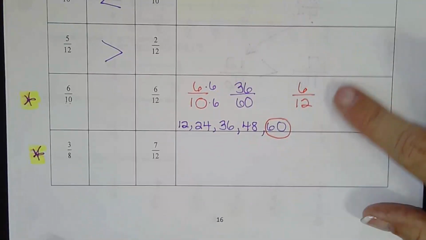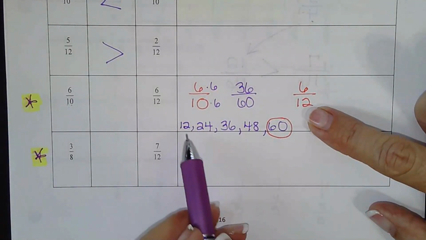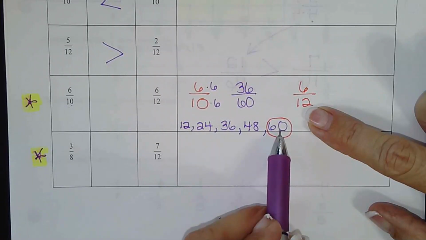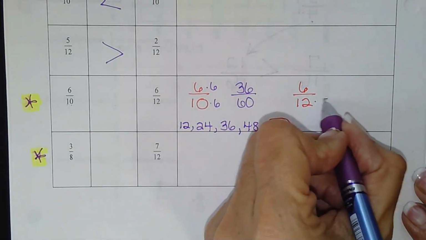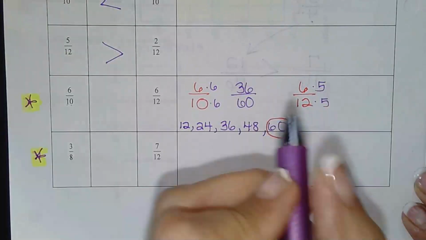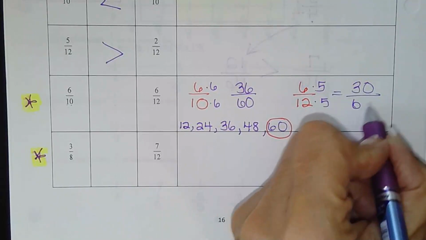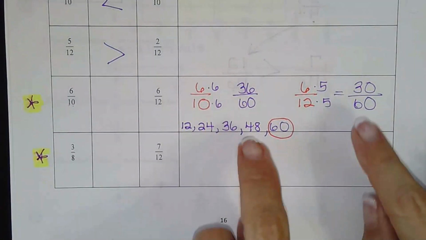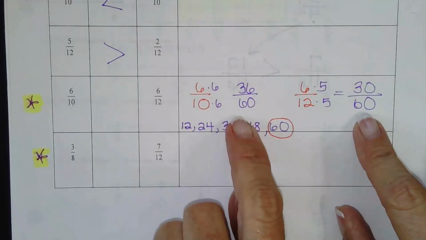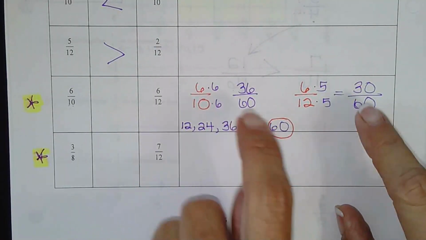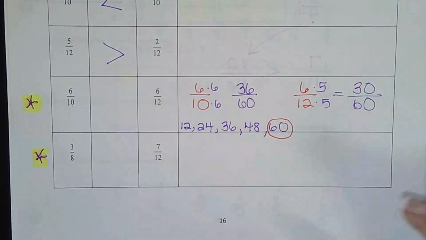For this one, to turn it into 60, 1, 2, 3, 4, 5, I can see I have to multiply by 5. So this one turns into 30/60ths. Now that I have them with the same denominator, I can say, oh, 36 is the largest.